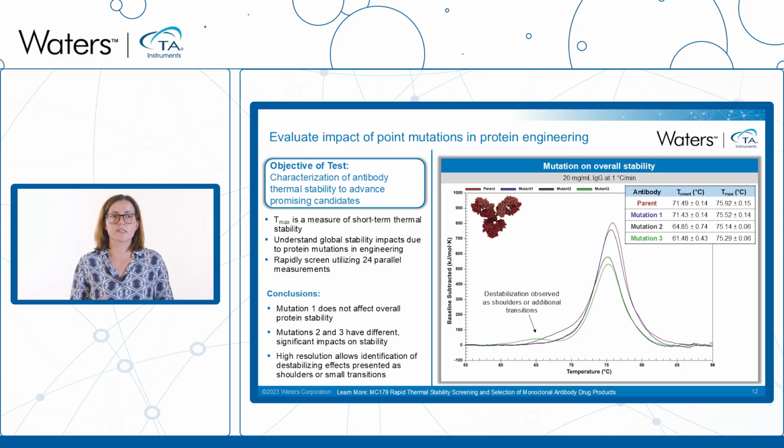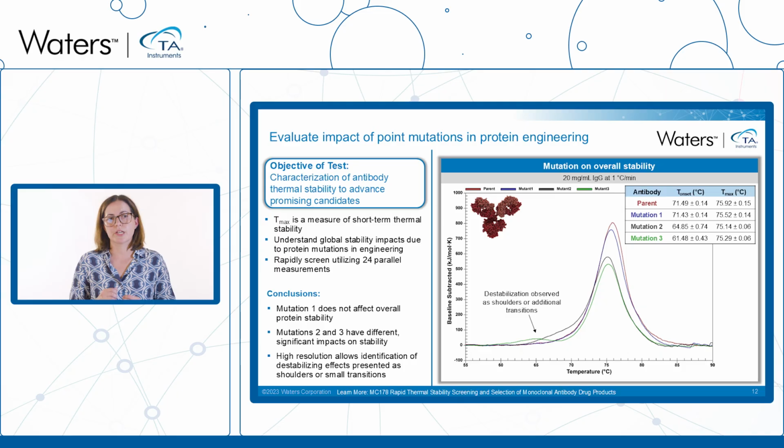So, for instance, the presence of an obvious shoulder is observed in mutation 2, which likely corresponds to the destabilization in the CH2 domain with an added Tmax 1 at 70 Celsius. This is going to be coupled with a small shift in the main transition at a lower temperature relative to the parent protein.